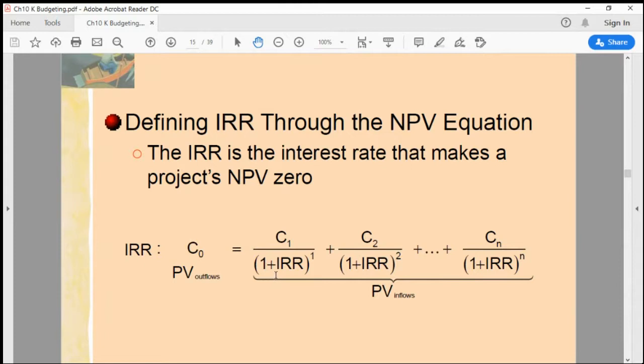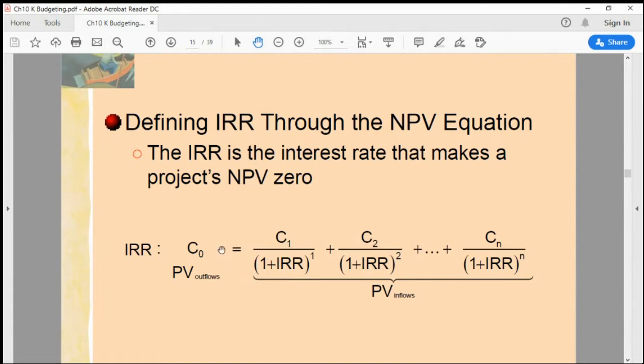So there can potentially be multiple discount rates that can make the right-hand side greater than the left-hand side. Or there can also be multiple values for the discount rate that can make the left-hand side greater than the right-hand side.